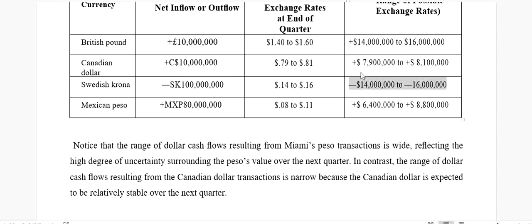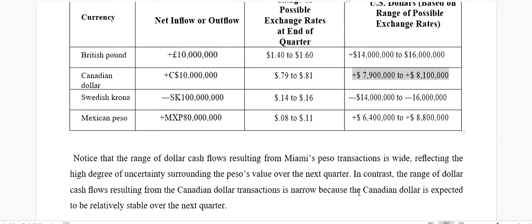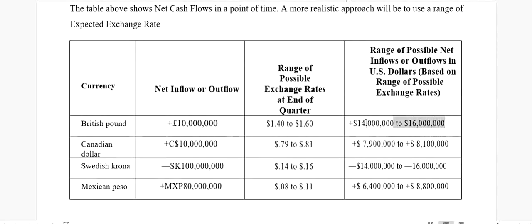While in the Canadian dollar, the difference is less, so the risk of a change in the value of the Canadian dollar in terms of the US dollar is comparatively low. So this is how you can calculate the range of cash flows.